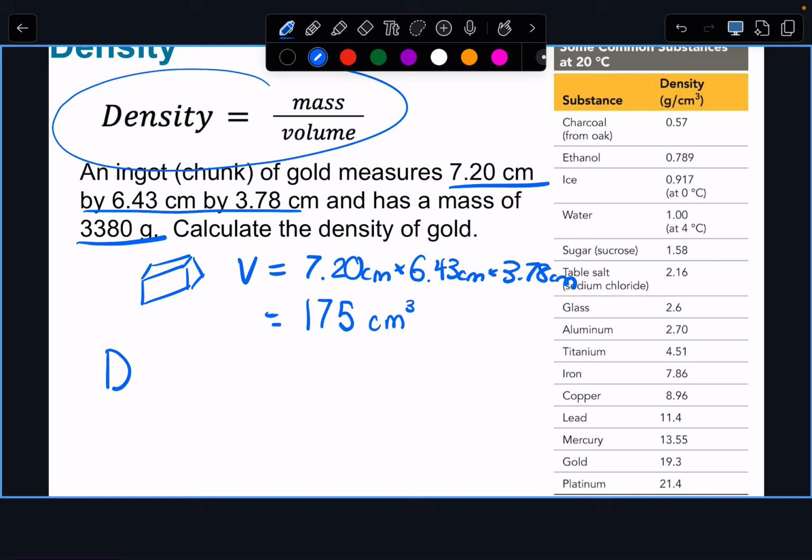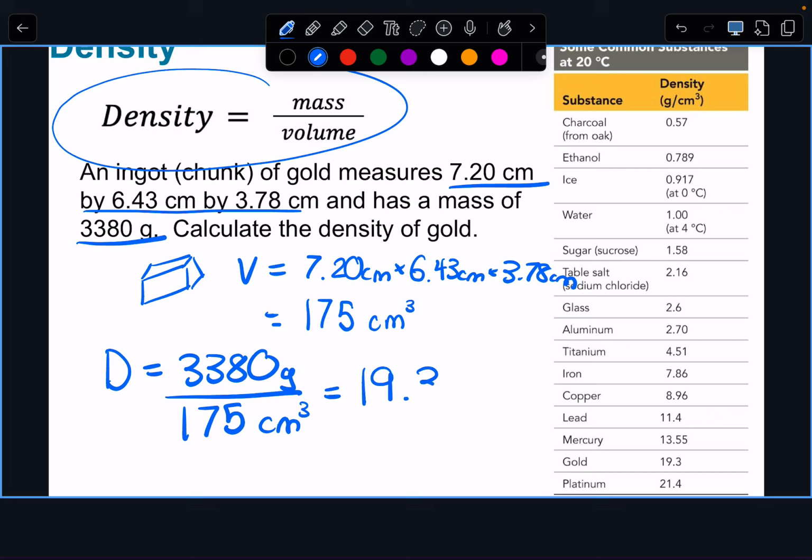And then the density is mass over volume. Okay, so you should come out with 19.3 grams per centimeter cubed.